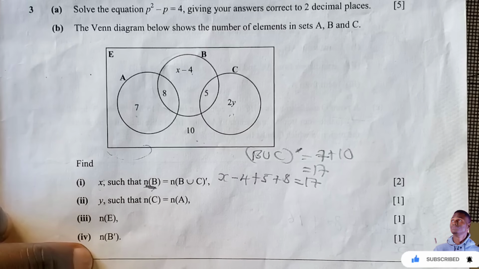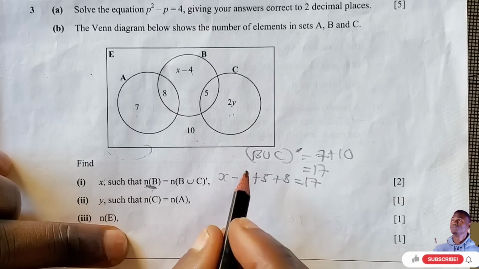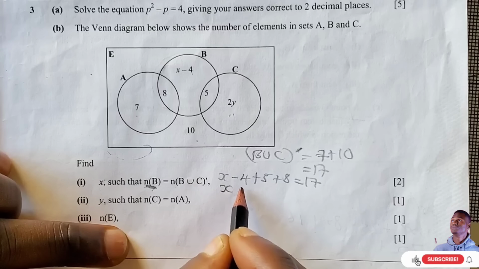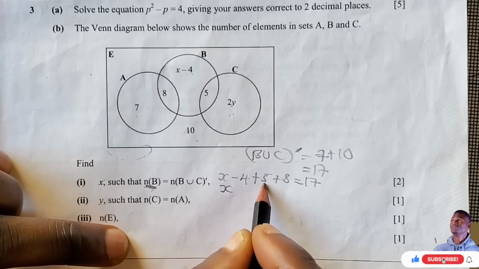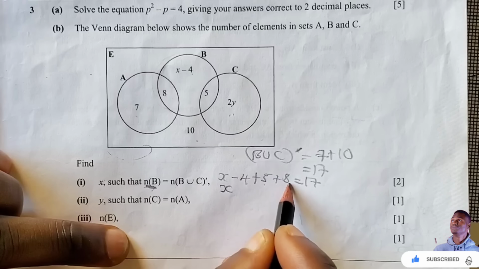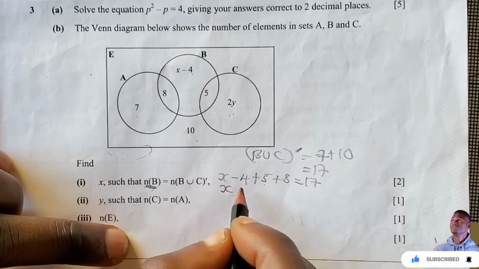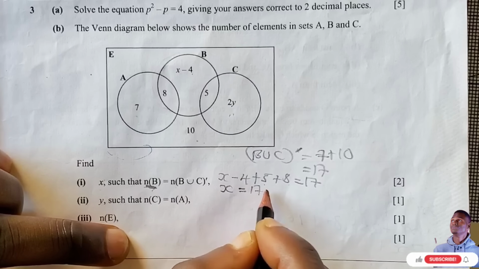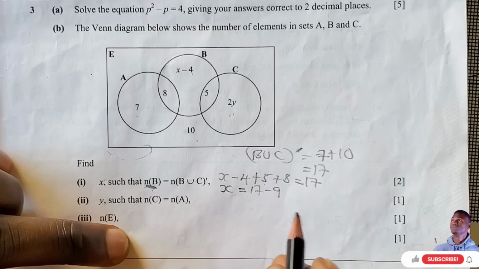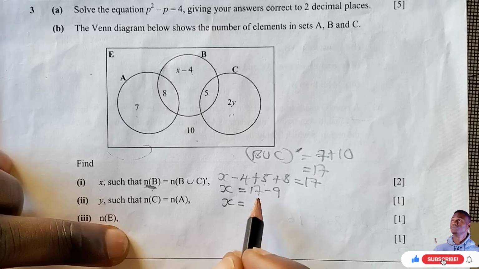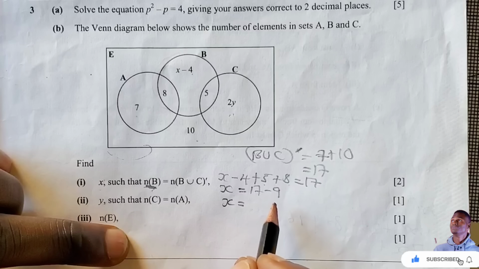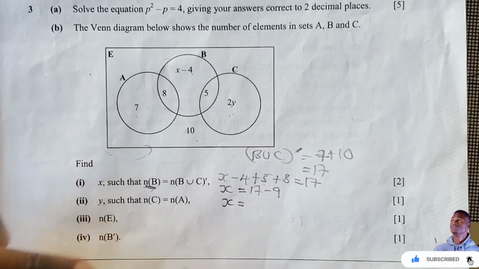Here, negative 4 plus 5 is 1. What is 1 plus 8? 9, positive 9, and the 9 will cross to the other side. So you have 17 minus 9. So what is the value of x, therefore? 17 minus 9. What is 17 minus 9?